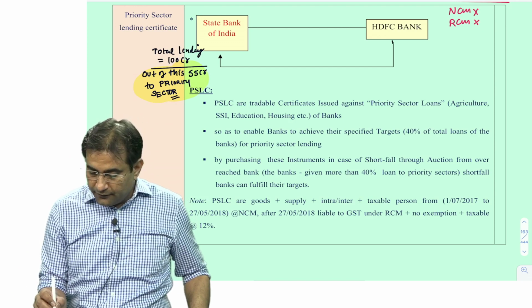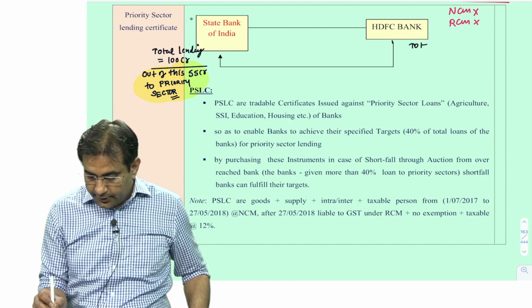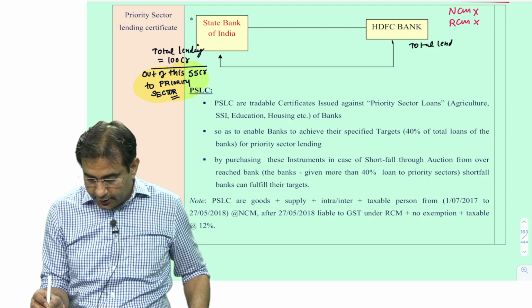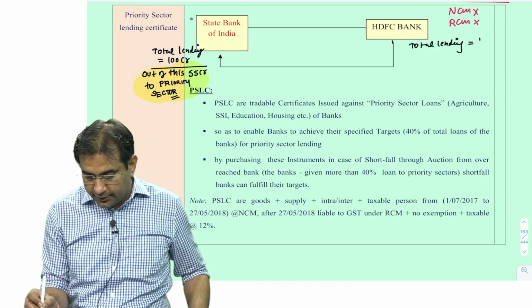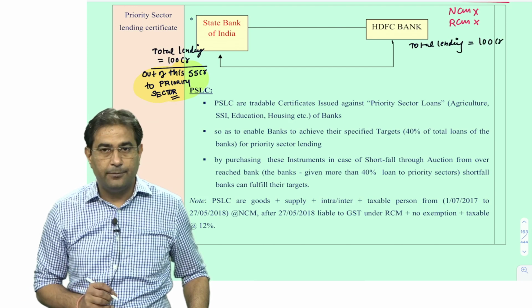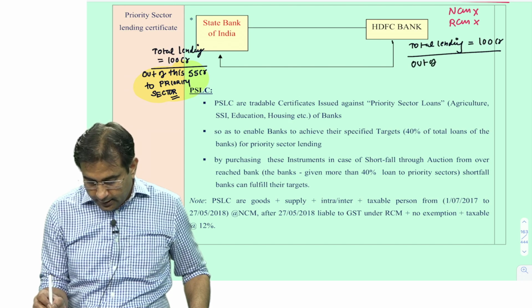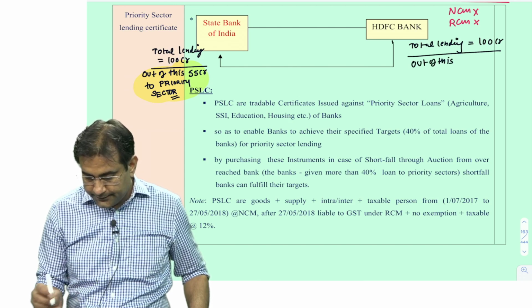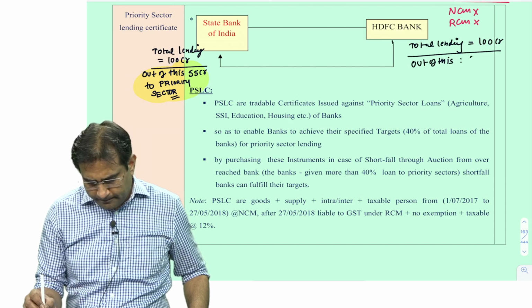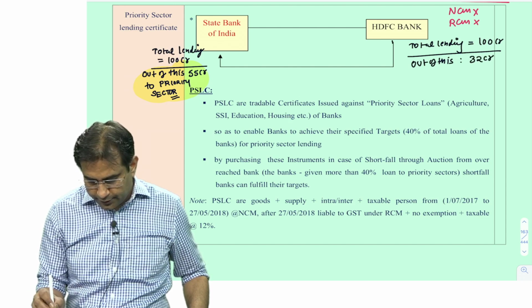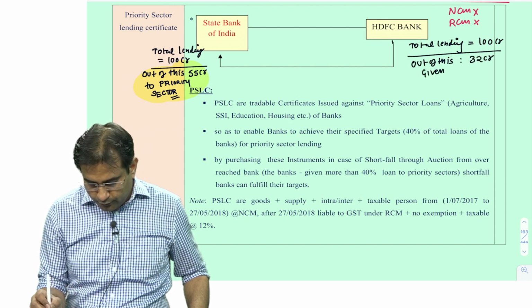And suppose one of the banks, HDFC, total lending or loans given by the bank is 100 crore, but out of this only 32 crore is given to priority sector.